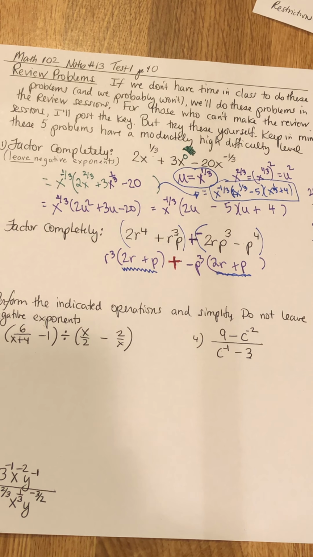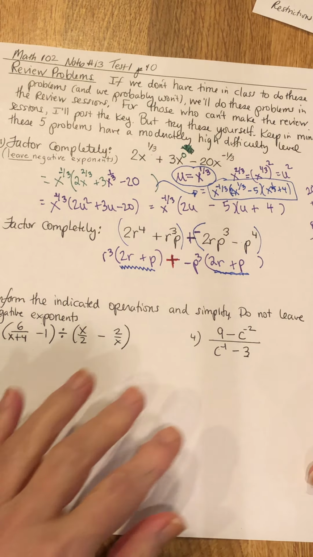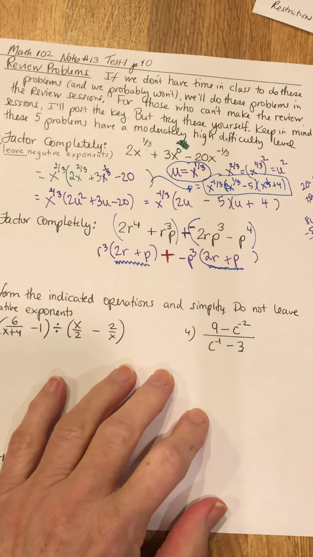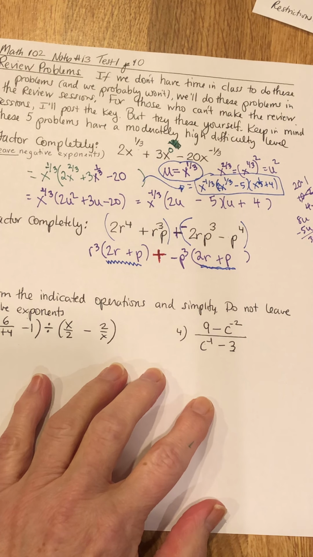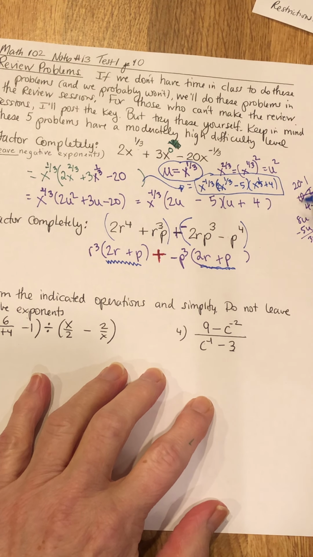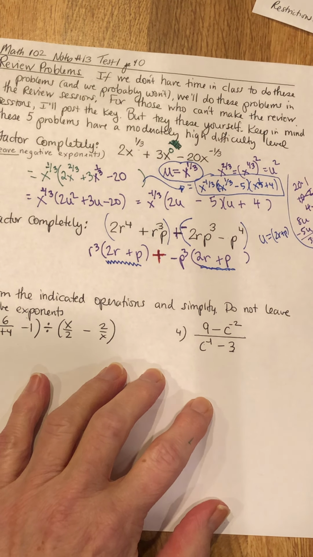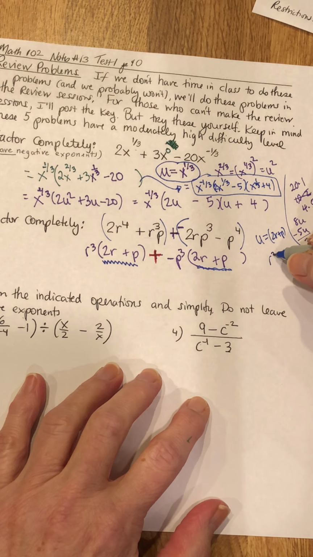So now we factor out the binomial GCF. And if you still struggle with factoring out a binomial GCF, use that substitution trick. Let u be that binomial, 2r plus p. So this becomes r cubed u plus a negative p cubed u.